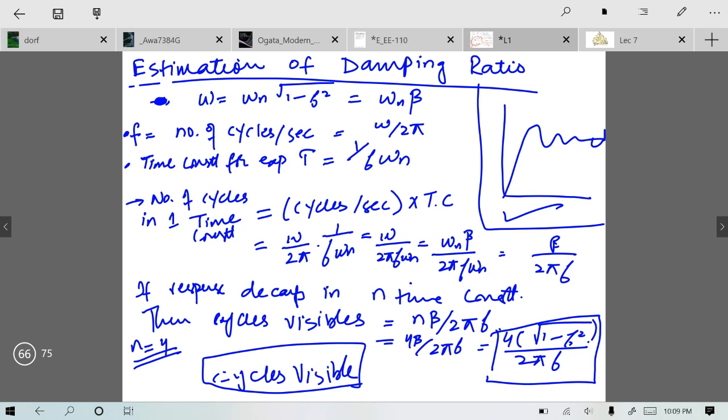So if you are given the response of the system and someone asks you what is the zeta, you will say, for this response that I have drawn, how many cycles are visible. One cycle, two cycles, 2.5. I can say that 2.5 cycles are visible over here.